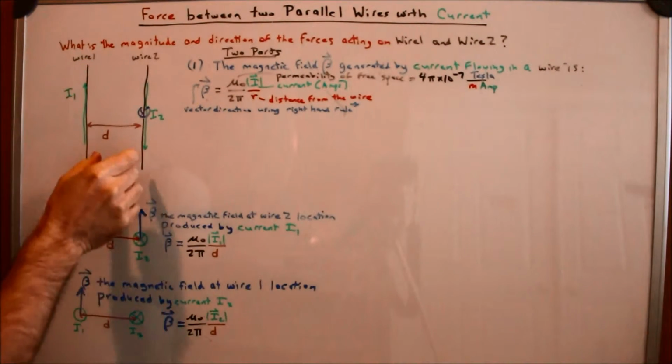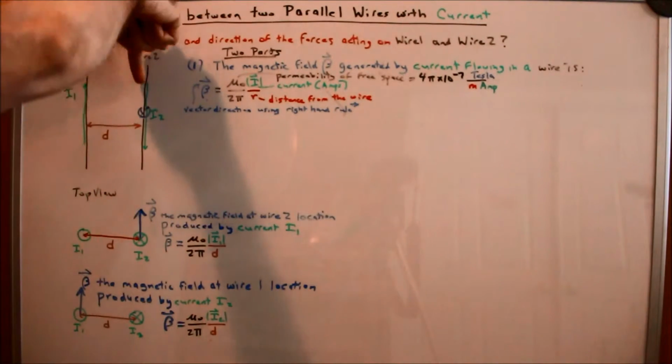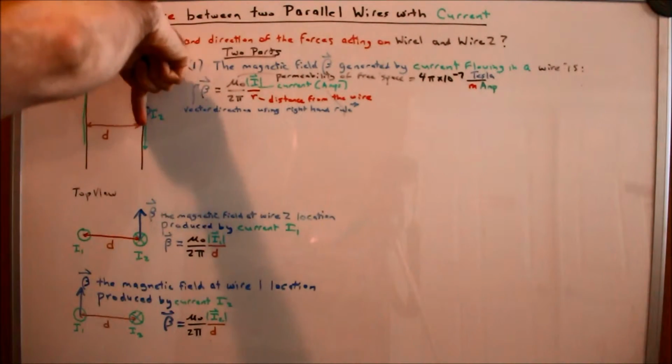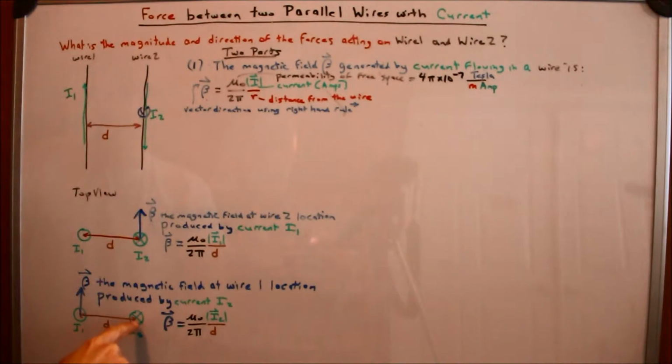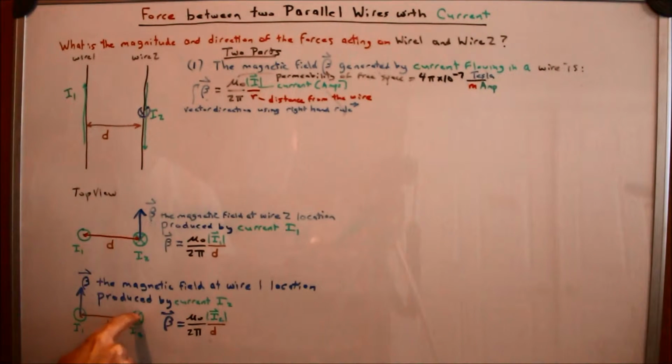created by wire 1. Now let's do the opposite. So now for wire 2, I have the current flowing downward, which is into the board at location 2. What's the magnetic field produced at this location where this wire happens to be, caused by this one?